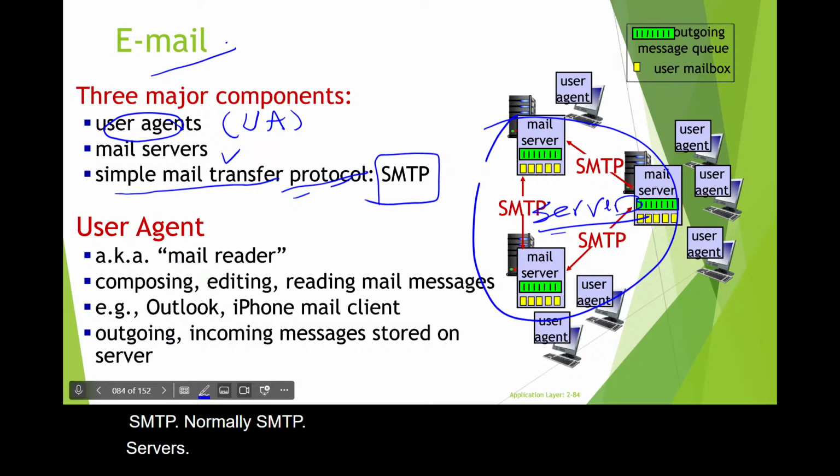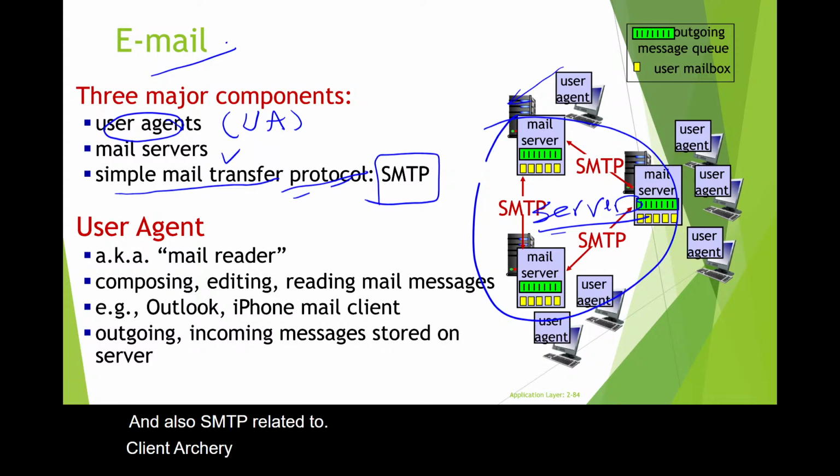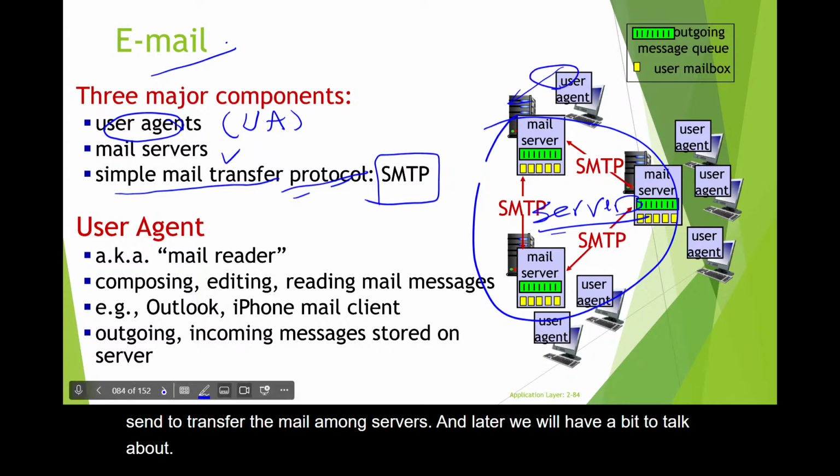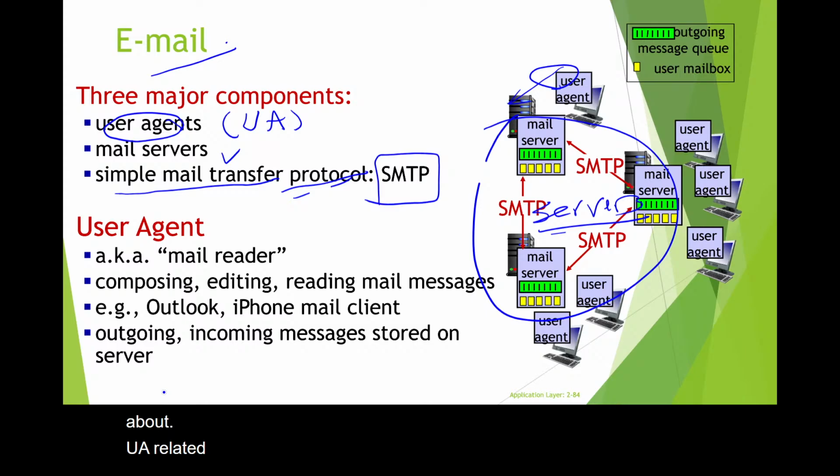And also SMTP is related to the client, actually the user agent, sometimes. But normally SMTP is used to transfer the mail among servers. And later we will talk a bit about the UA related to SMTP.